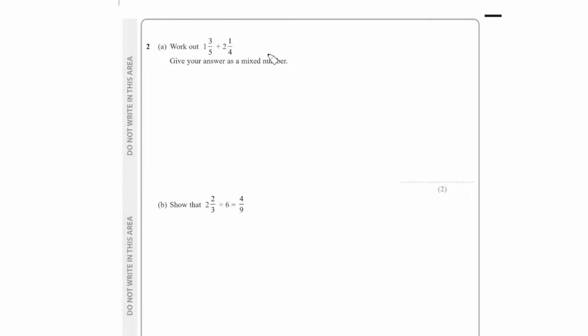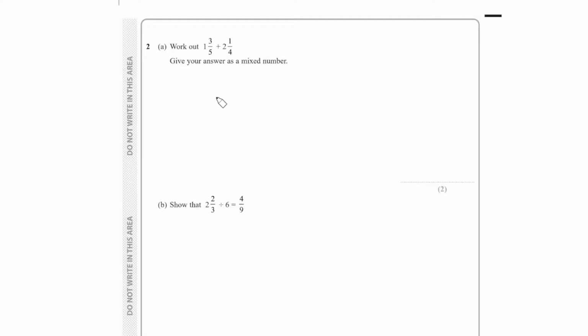So when it's add or subtract, if you want to, you can add the whole numbers and then the fractions separately. But when it's divide, so obviously the next one we would end up doing is divide, and it also has a mixed number. Divide or multiply, you do have to convert the mixed numbers into improper fractions.